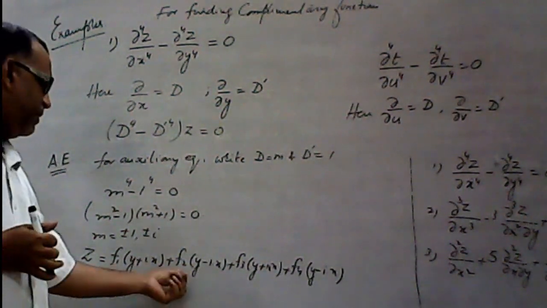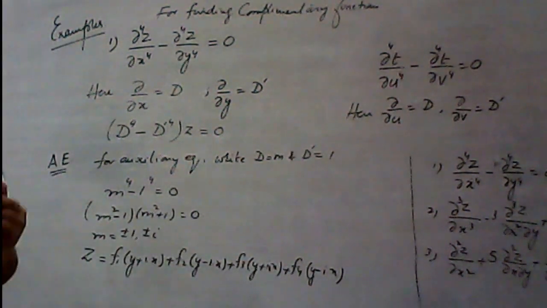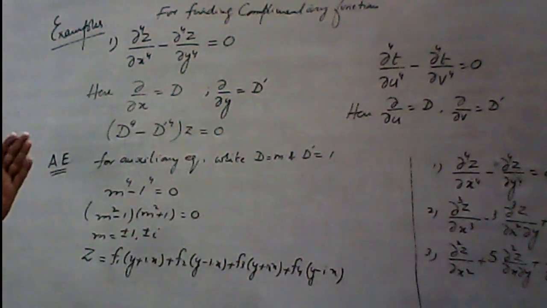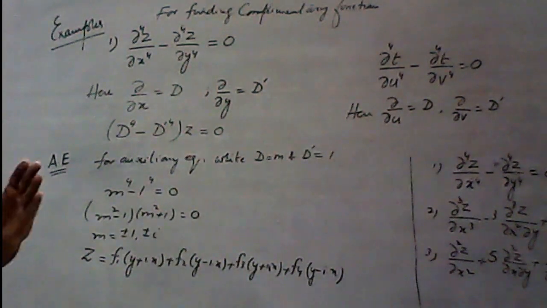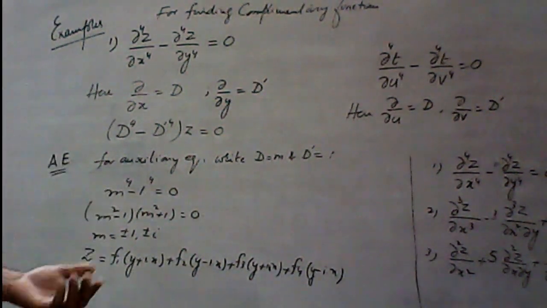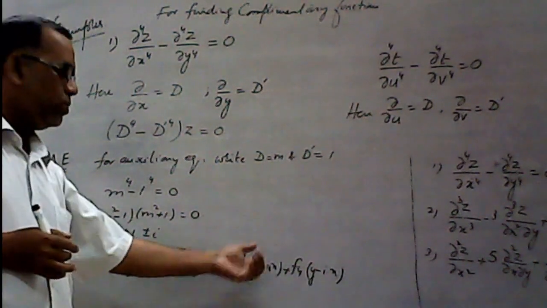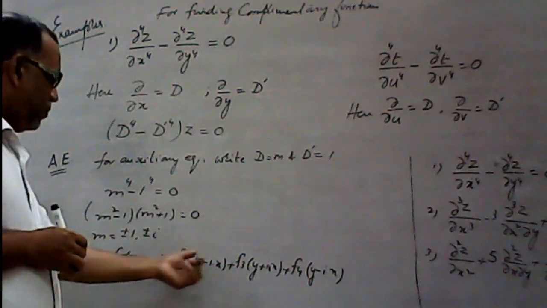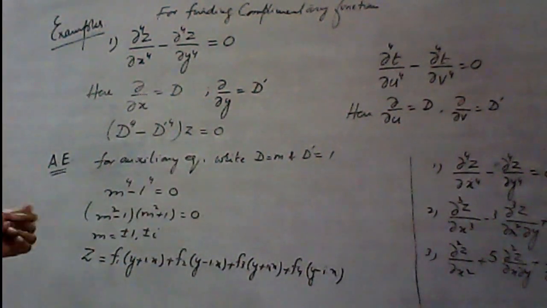Here f1, f2, f3, f4 are representing the constants. Generally in ODEs we used C1, C2, C3, C4, where C represents the constants, but in PDEs generally F represents the constants. So there are 4 constants assigned.